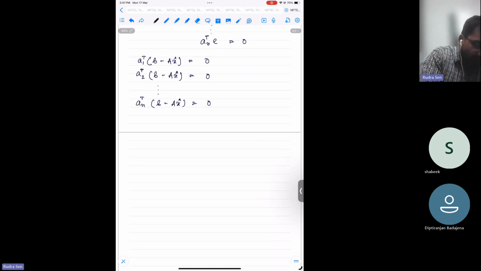Now we can write this system of equations in a matrix vector format.